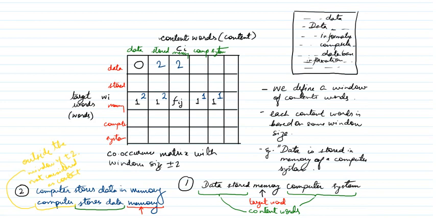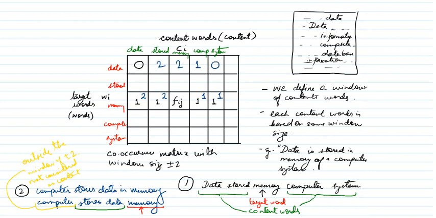Data is also appearing in context with computer. Computer is not the context of data in sentence 1, but it is in sentence 2, so there will be only 1. And system is not the context, so this is 0 now, right?